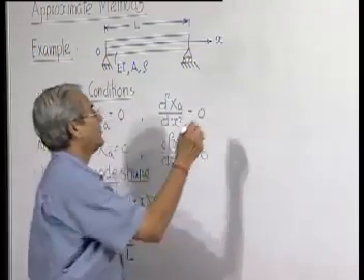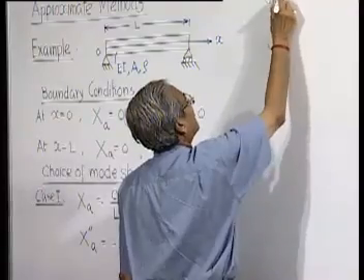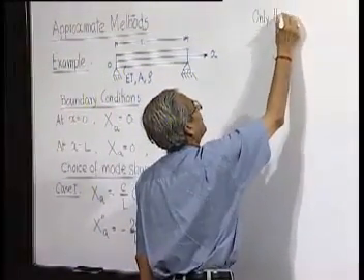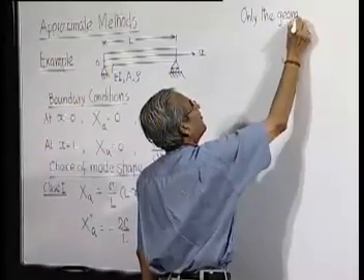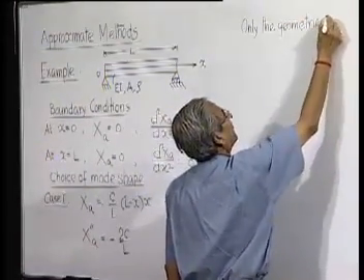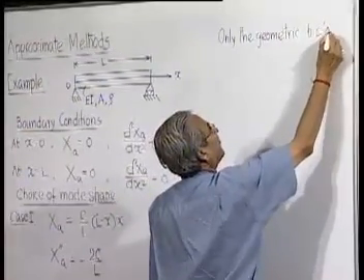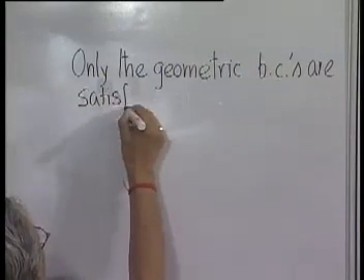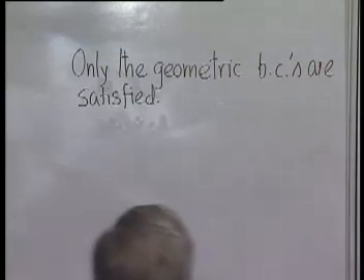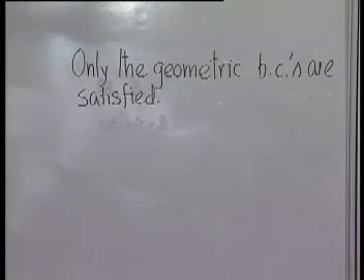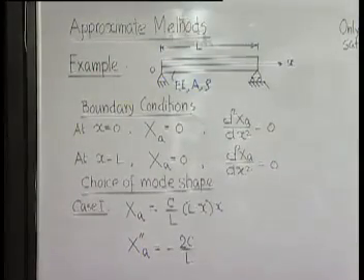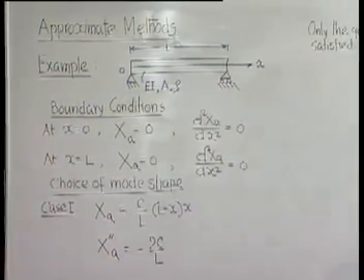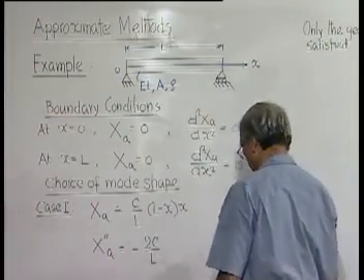So these 2 boundary conditions are not being satisfied. Now once we have assumed X and found the expressions for X double prime, the only thing we have to do is to substitute X in this expression and get the value of omega square.